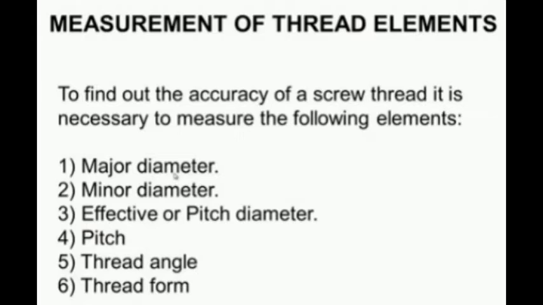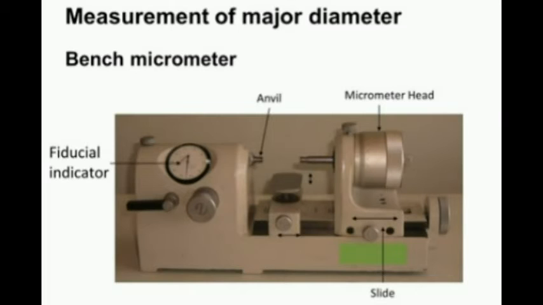Those elements are major diameter, minor diameter, effective or pitch diameter, pitch, thread angle, and thread form. Now let us study how the major diameter of a screw thread is measured.